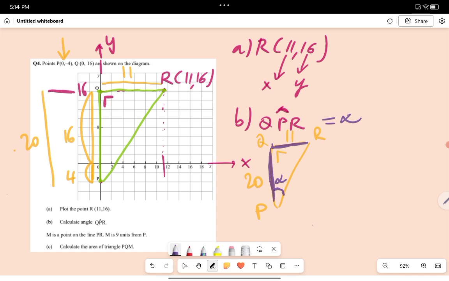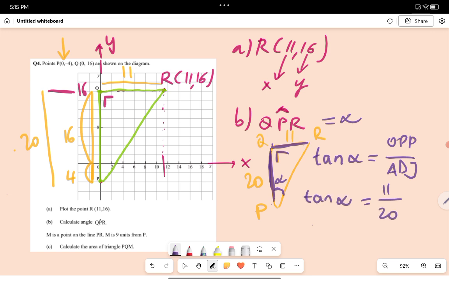So if we have opposite and adjacent, because it's not the side opposite to the 90 degrees angle, it's the adjacent one, we use that the tangent of alpha is opposite divided by adjacent. So that will be 11 divided by 20. That is the tangent of alpha.